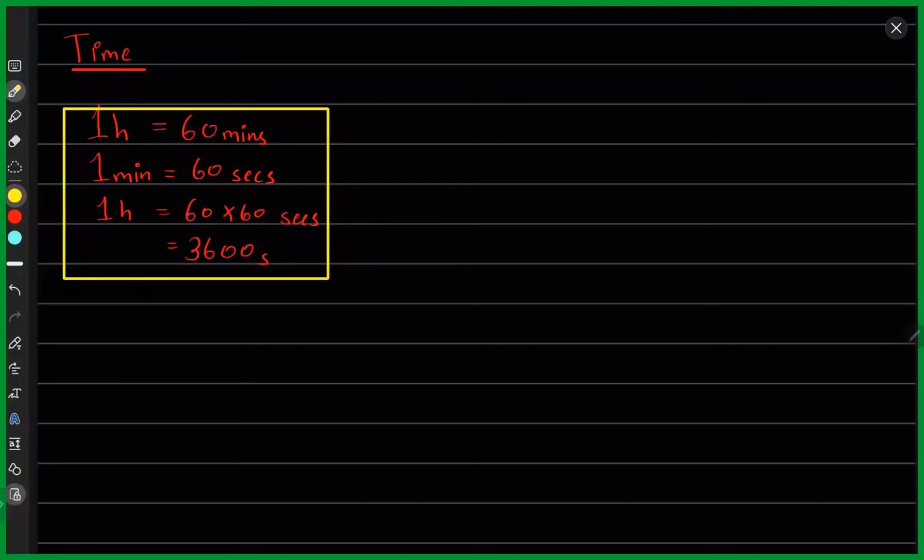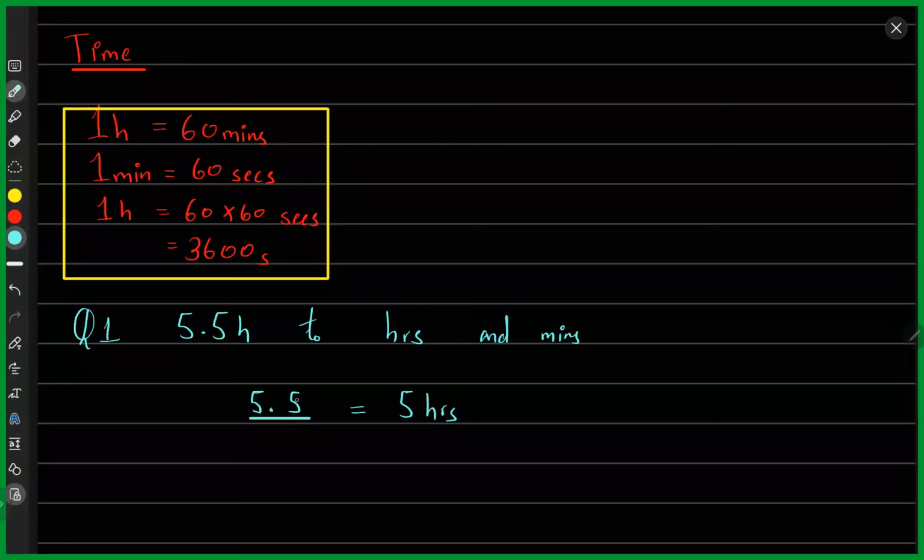Okay, for example, let's say you've been asked to convert 5.5 hours to hours and minutes. So we clearly know that this 5.5 has 5 hours, and I can convert this 0.5 hour to minutes. Now, how do I do that?